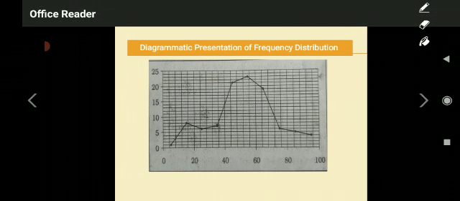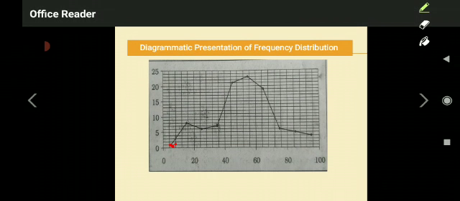In the first class interval, 0 to 10, as I said in the beginning, there is only one observation, that is 0. Look at that. Here that point is showing. In the beginning there is only one observation, and in the second class interval there are 8 observations.